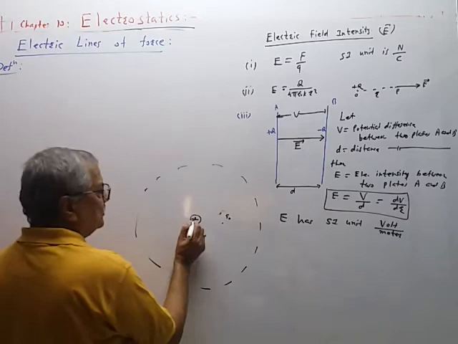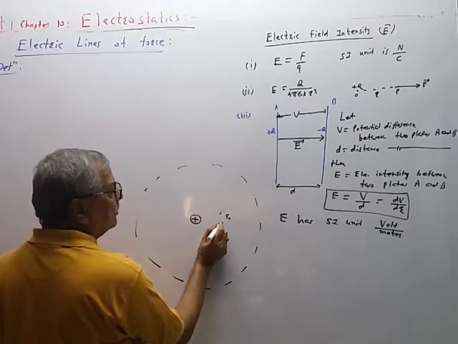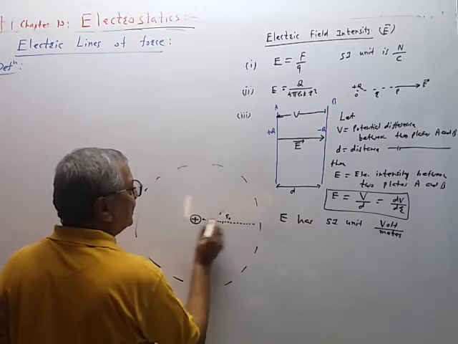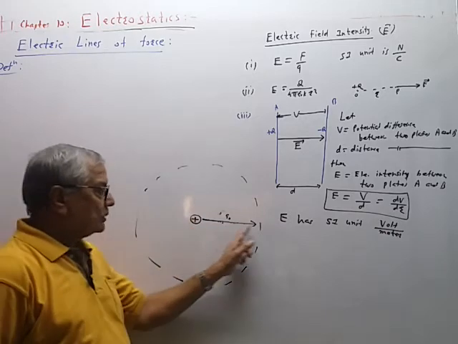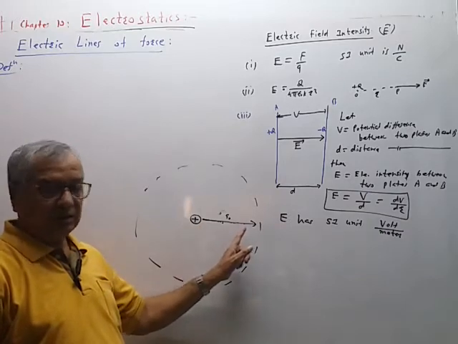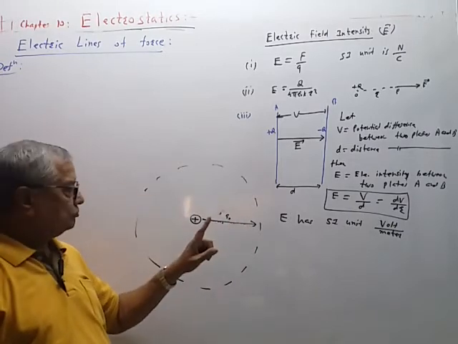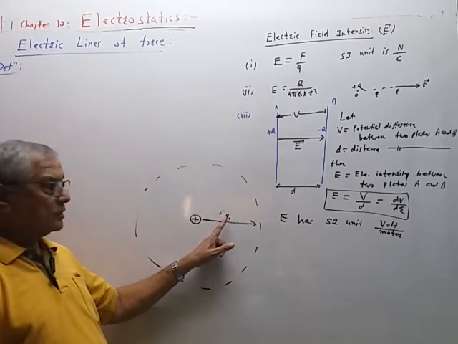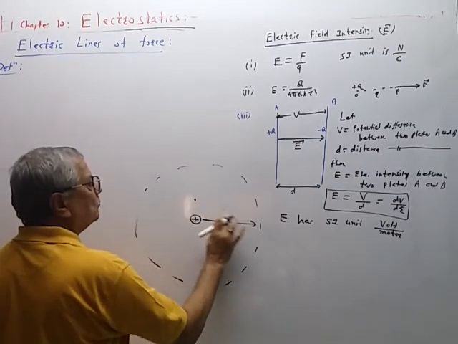So, this stationary charge, this source charge will repel this, and it is free to move, therefore it will move. It will move along this direction. So this is the line, this is the path. Along this, positive test charge moves. Now, instead of keeping the positive test charge here, if the test charge is kept here, what will happen?